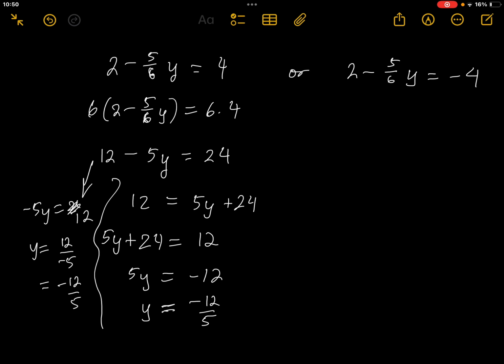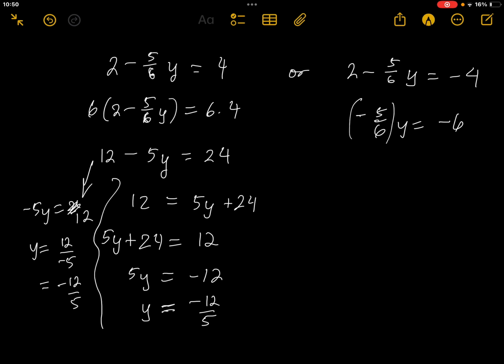Okay, and then on the right-hand side, I have 2 minus 5/6 y equals negative 4. Now again, I could also just multiply both sides by 6, but just to explain the other way of doing it, you can subtract 2 from both sides, so negative 5/6 y is negative 4 minus 2, which is negative 6. And now I need to divide both sides by negative 5/6.